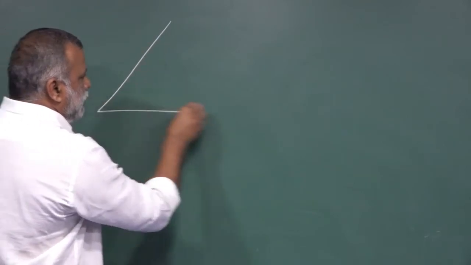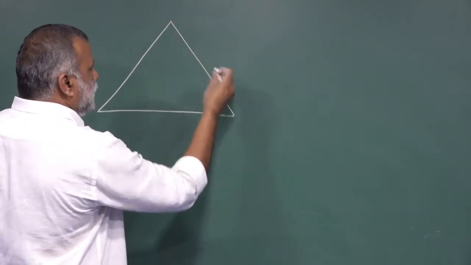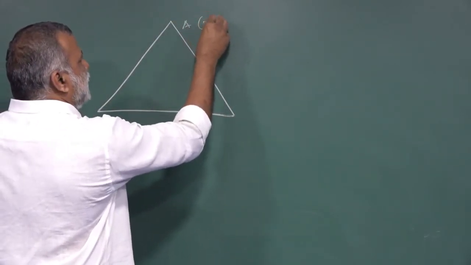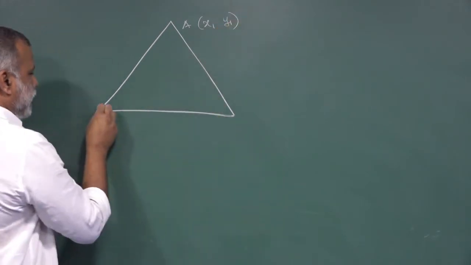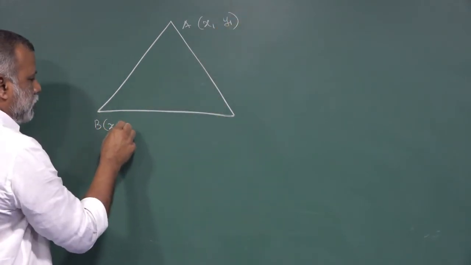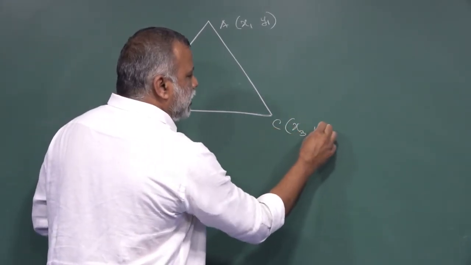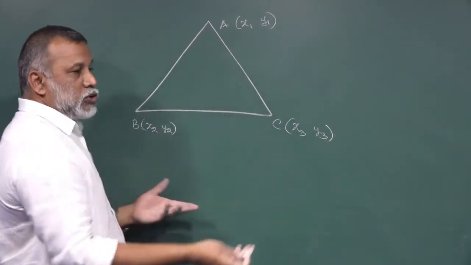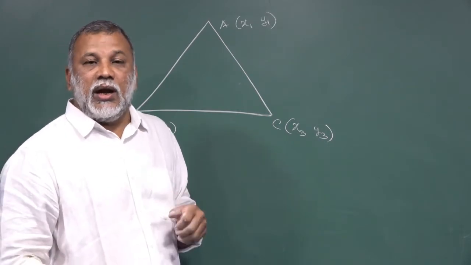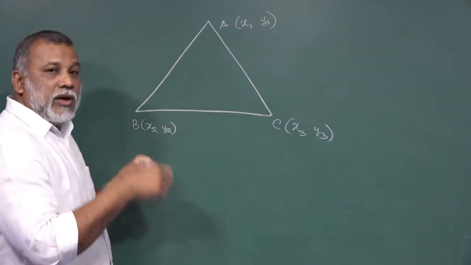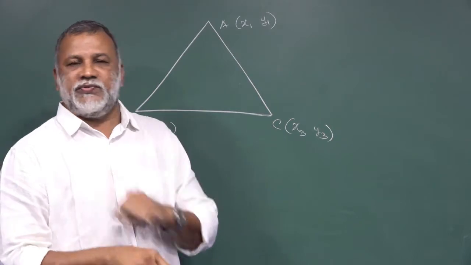See here, I am just drawing a diagrammatic explanation. A(x1, y1), B(x2, y2), and C(x3, y3). So these three are the vertices of a triangle. Now here we are going to draw the medians first.